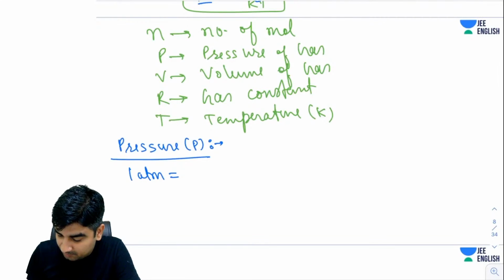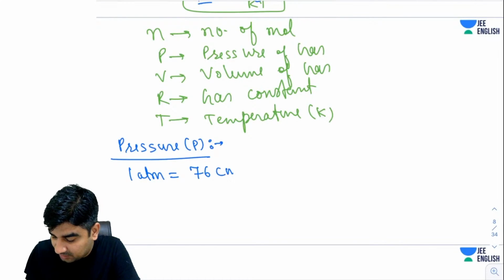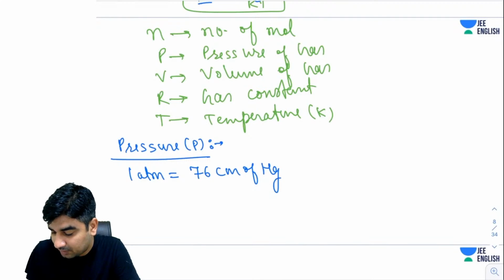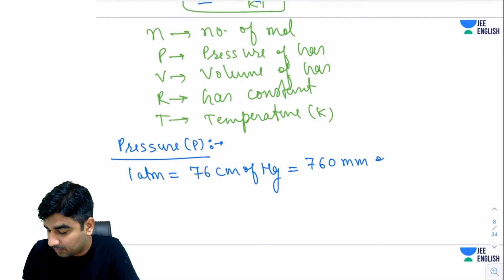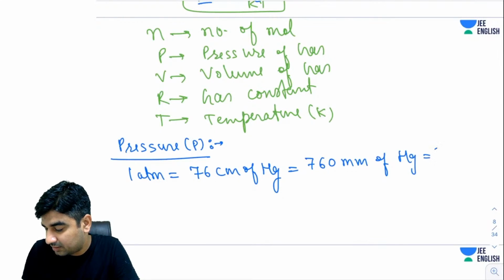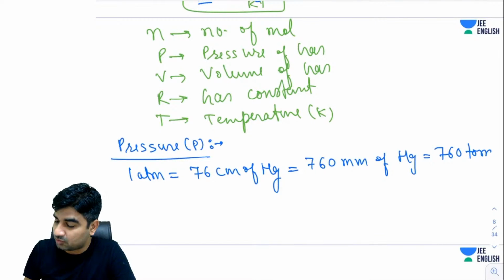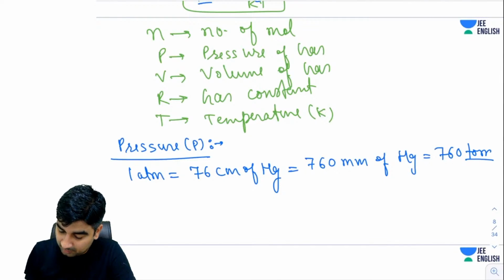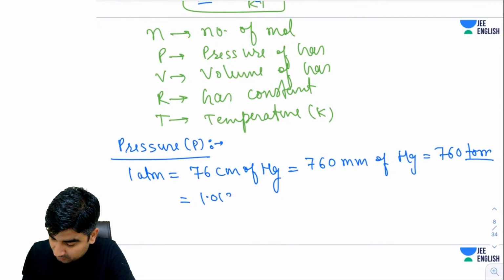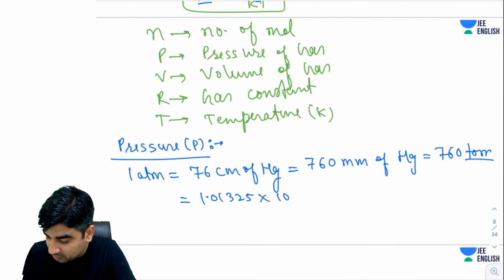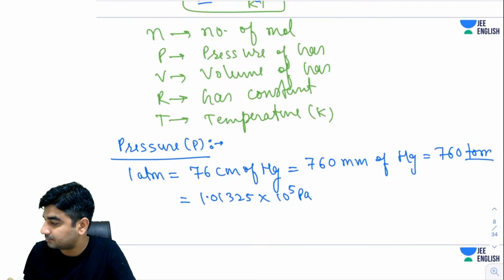So 1 atm will be equal to basically 76 centimeter of mercury, or we can call it 760 mm of mercury, or it is 760 torr. This is also one of the units. In Pascal, in SI unit, it will be 1.01325 into 10 raised to the power 5 Pascal.